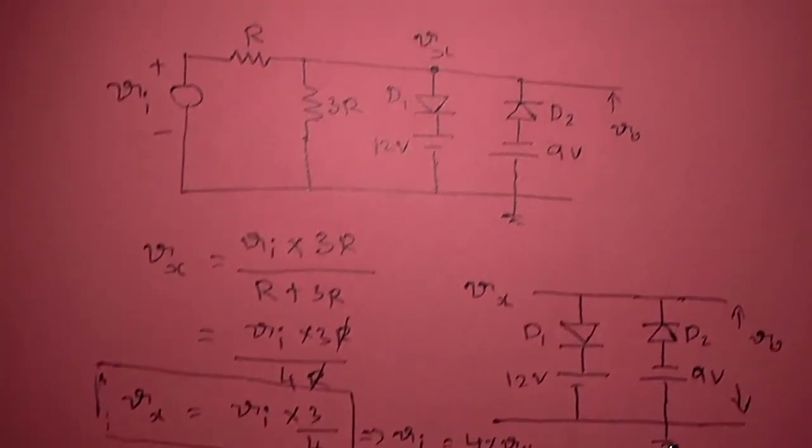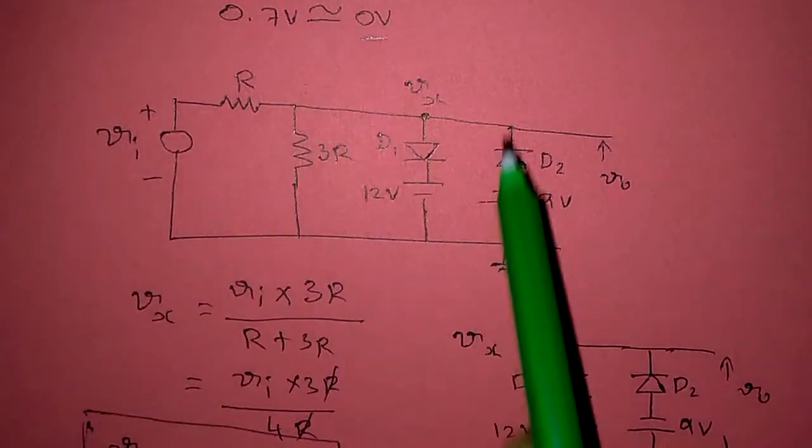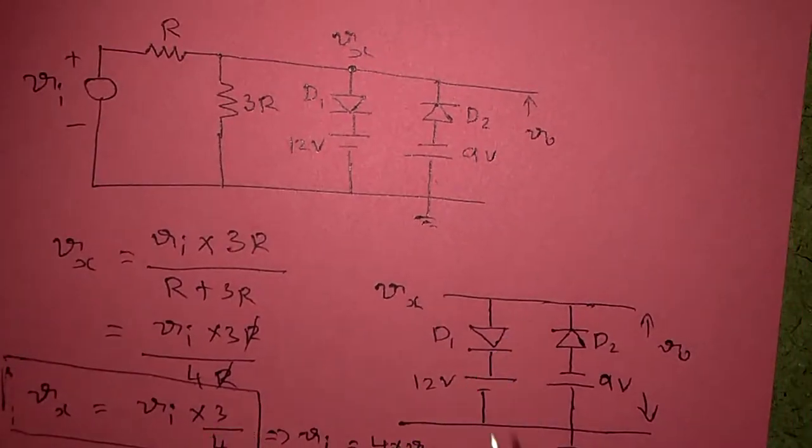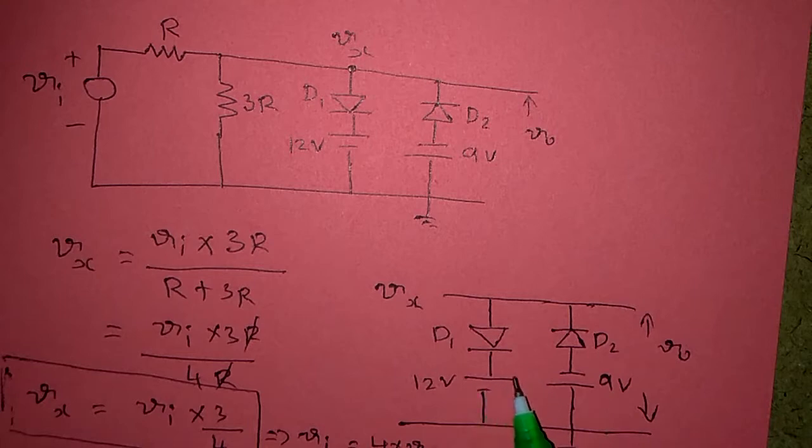So I can redraw this circuit like this. Simply one source Vx and two diodes D1 and D2, and DC voltages of 12 volts and 9 volts. Here the positive terminal is connected to D1, so it is plus 12 volts. Here the negative terminal is connected to D2, so minus 9 volts is connected to the anode of diode D2.